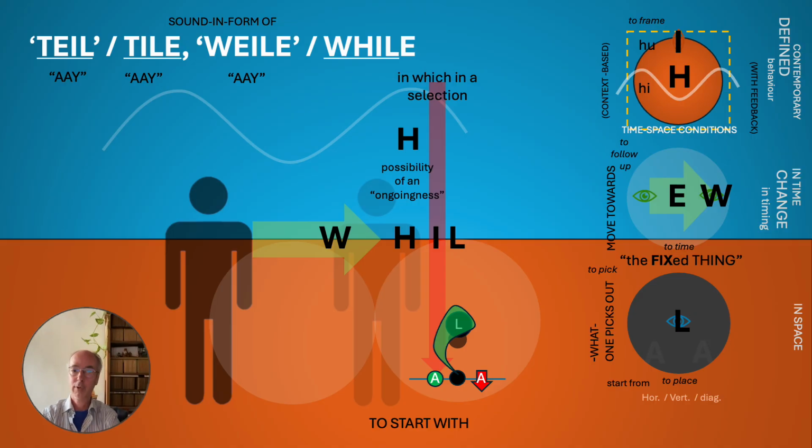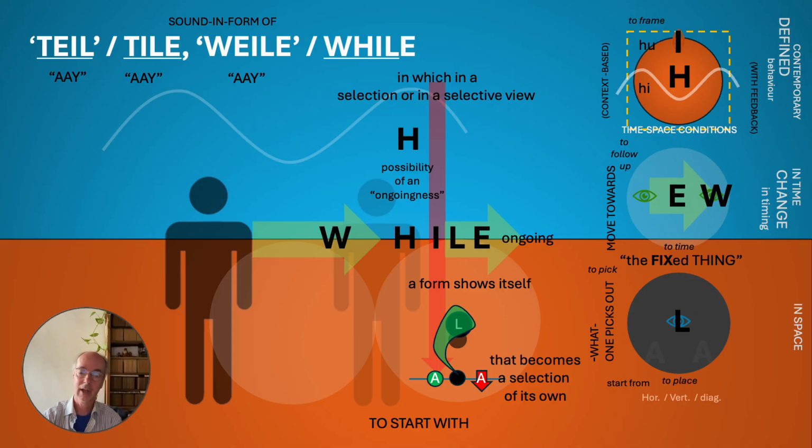Again, I have to move up from W to H to E to L. The E will make that selection, so I will be able to follow it up longer, in which I will make a selection, and a selection where that form will show itself. And with the A, this form again will be ongoing.